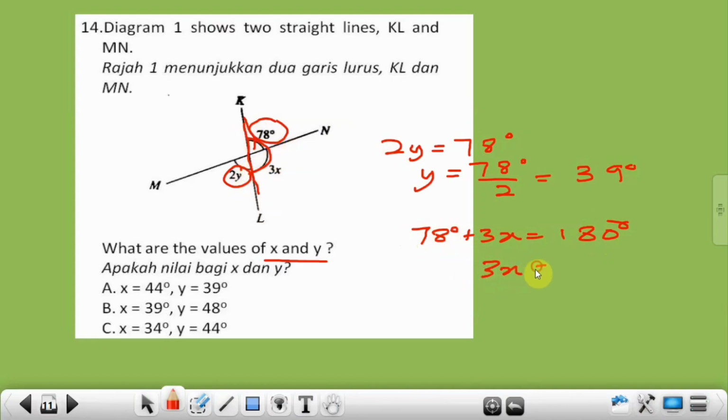So 3x is equal to 180 minus 78. Wait, 180 minus 78 is 102. So 3x equals 102, so x is equal to 102 divided by 3.